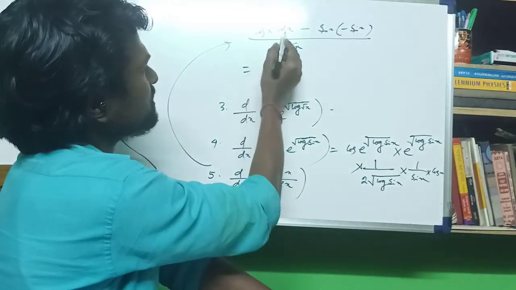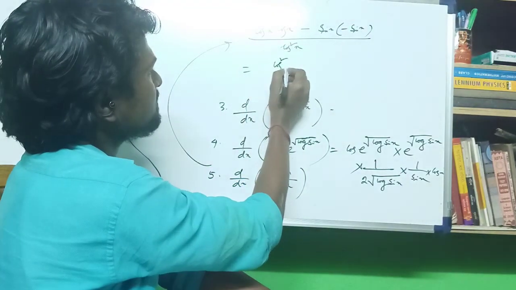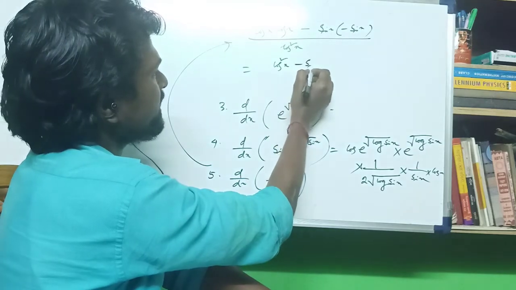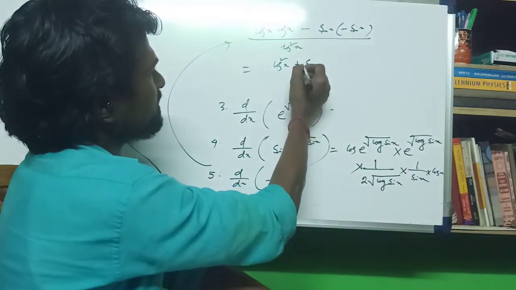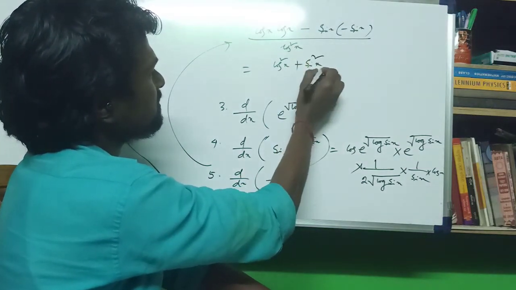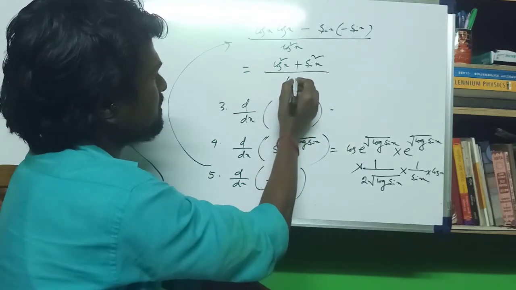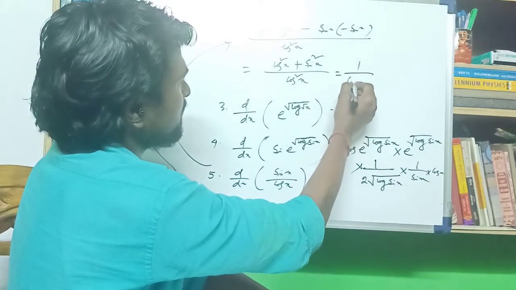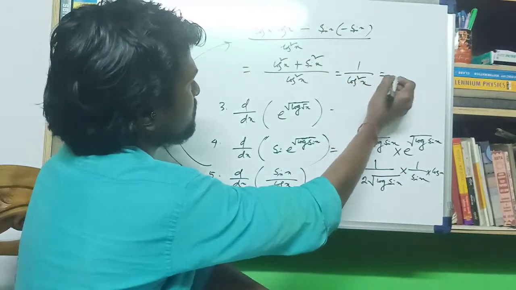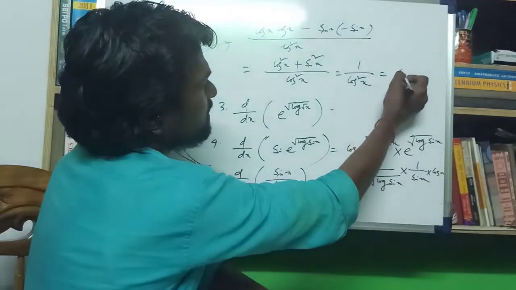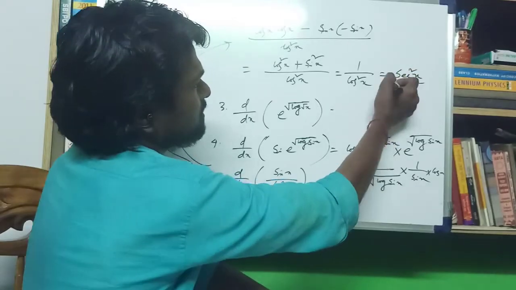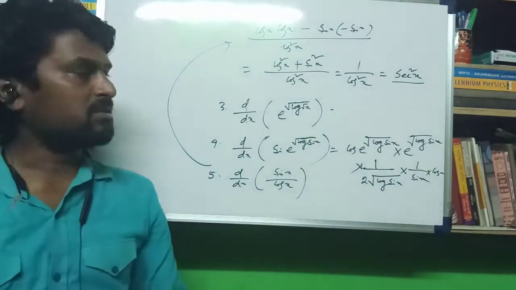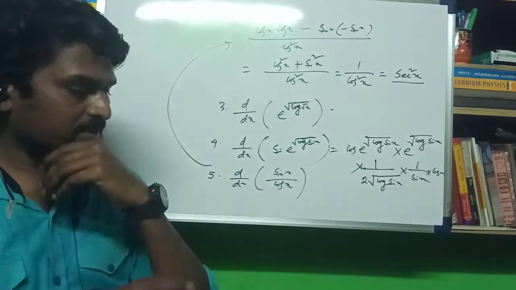So cos square x plus sin square x, then over cos square x. So sin square plus cos square means 1 by cos square x, and 1 by cos square means sec square x. So this is the result: d/dx of tan x equals sec square x.